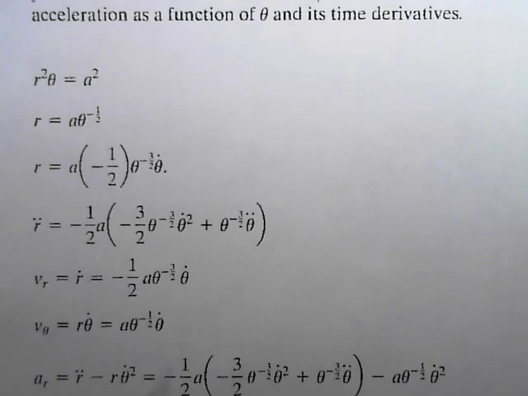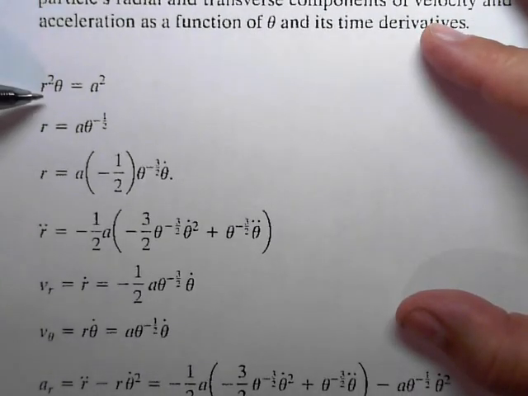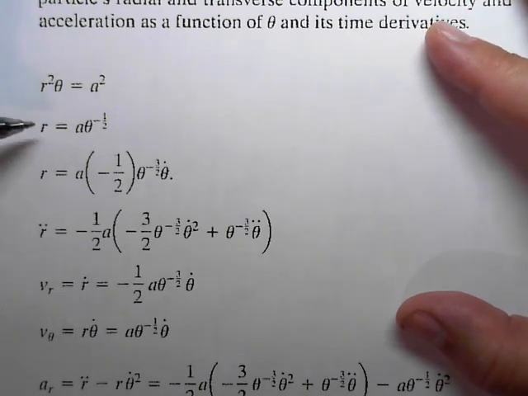Okay, so we were given our geometry as r squared theta equals a squared. Let's turn that into the form r is equal to a function of theta. So r is equal to a theta to the minus 1/2 power when we do the algebra to isolate r. Now we want to go to r dot.